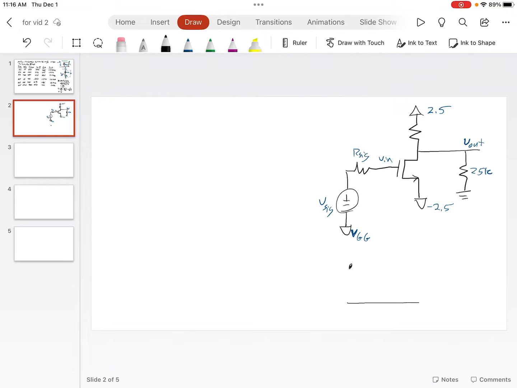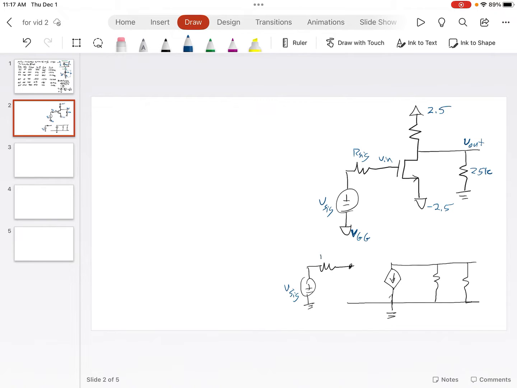So if we just draw it, we've got the current source, gm VGS, that VGS right there, R naught, and a load. And we have a signal generator. I could connect all those together, I suppose.